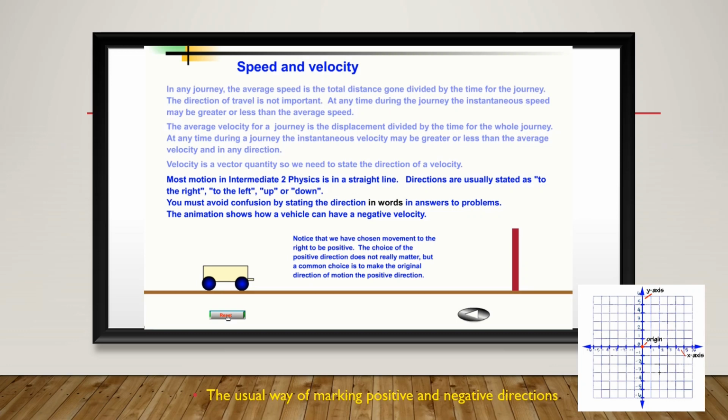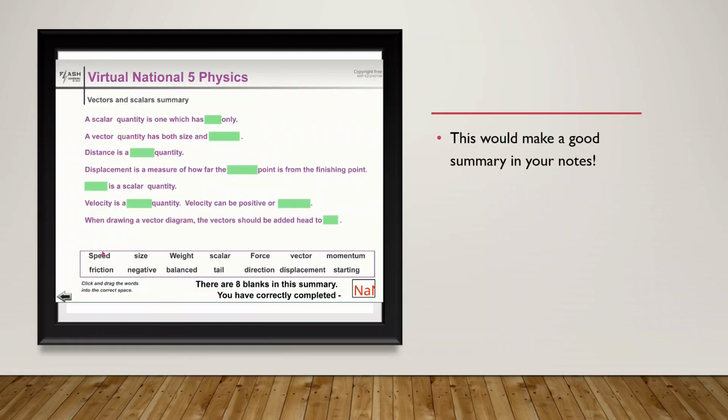One thing I hope you've read in the side notes is that gravitational field strength, quantity g, is also a vector quantity. The direction matters. A scalar is one which has size only. A vector has both size and direction. Distance is a scalar quantity.